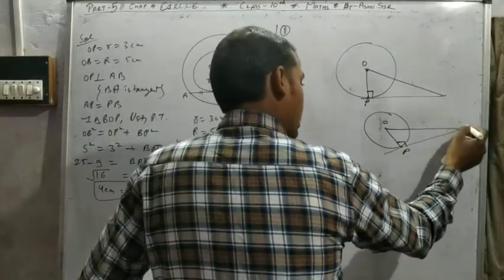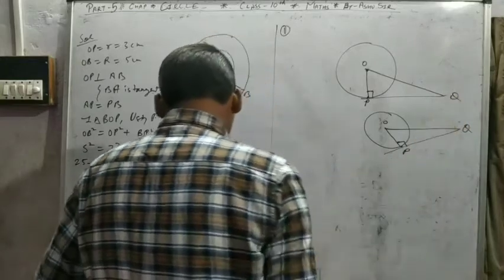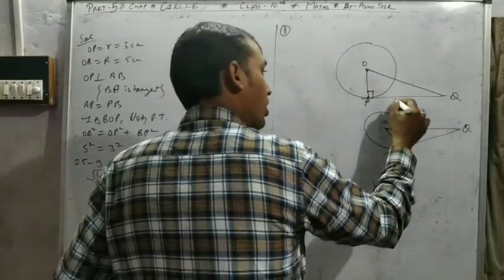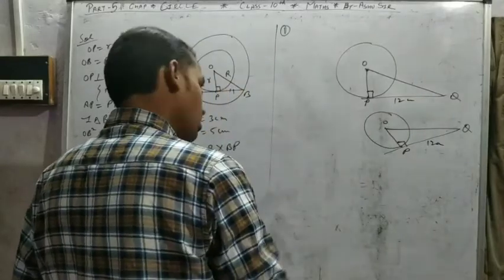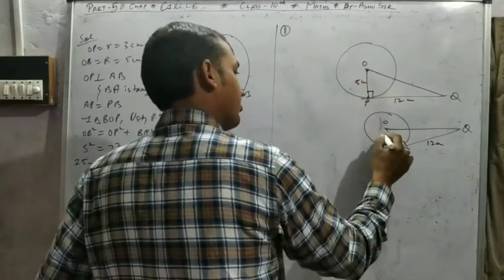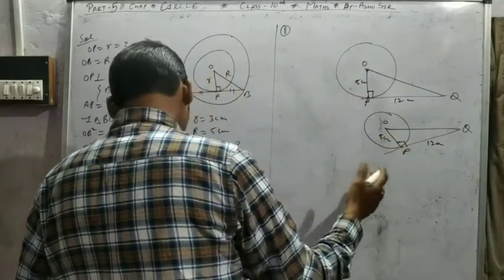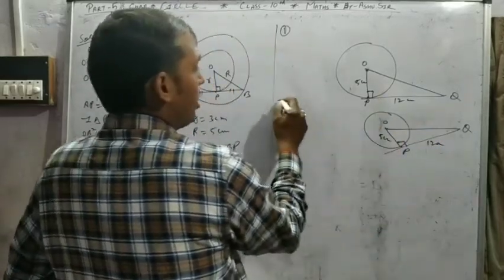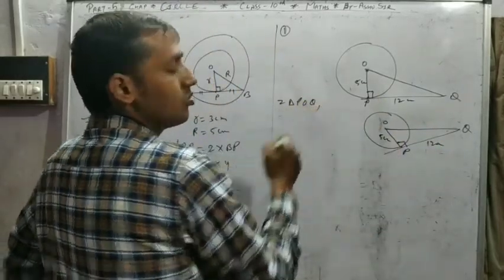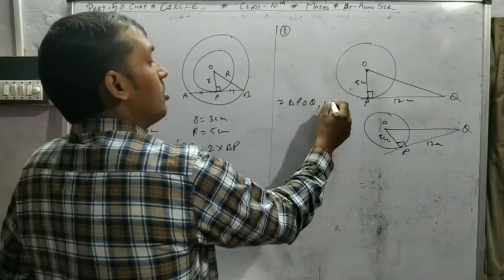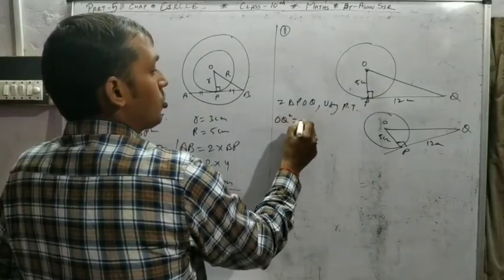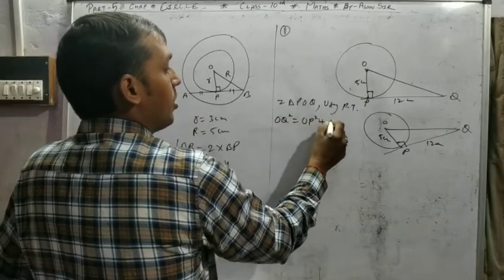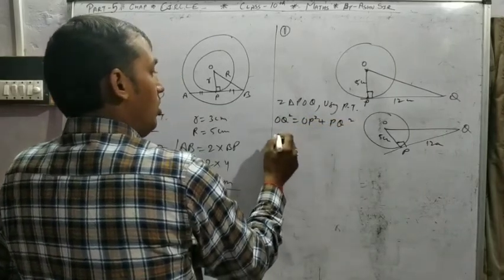PQ is a tangent. That Q point is an external point, and PQ given 12 centimeter, radius 5 centimeter. You want the length of OQ. Then in triangle POQ, using Pythagoras theorem, OQ square is equal to OP square plus PQ square.